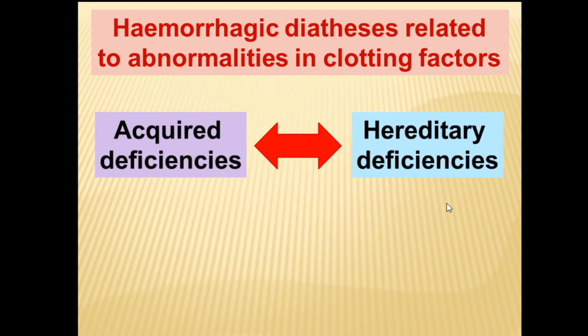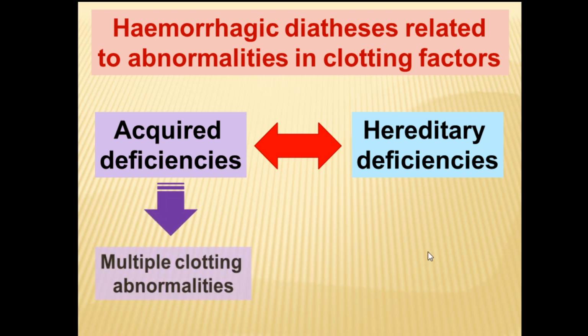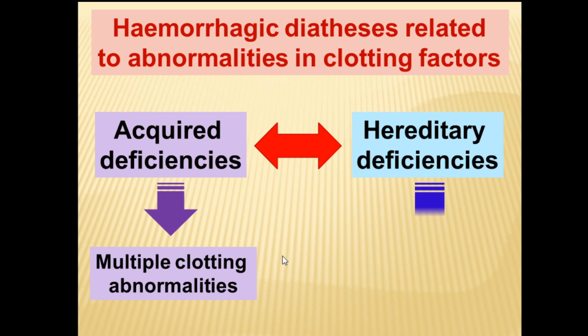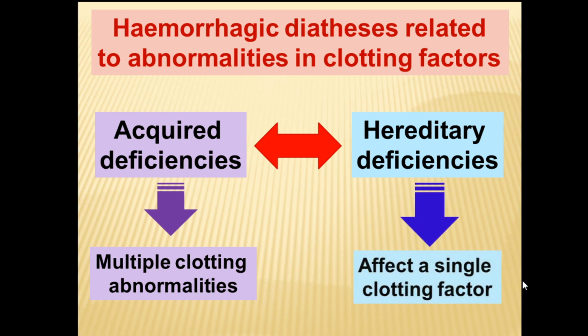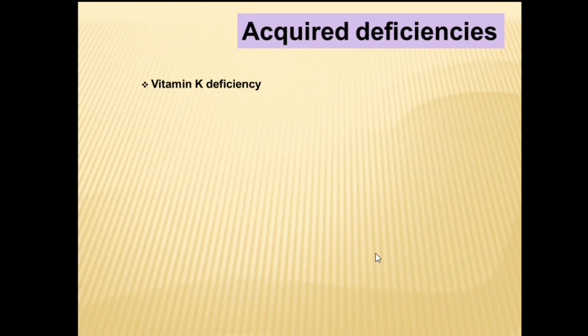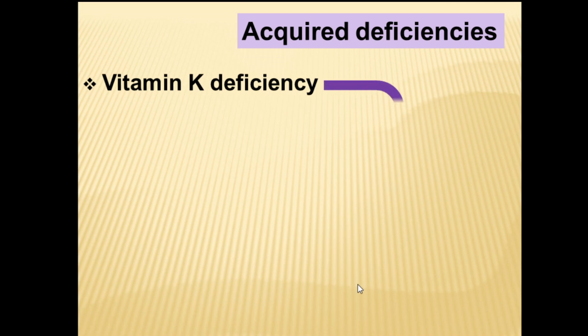Diathesis due to abnormalities of clotting factors is divided into 2 groups, acquired and hereditary. Acquired is characterized with multiple clotting abnormalities. Hereditary affects only single clotting factors, and we'll stop on clinical manifestation on the example of hemophilia.